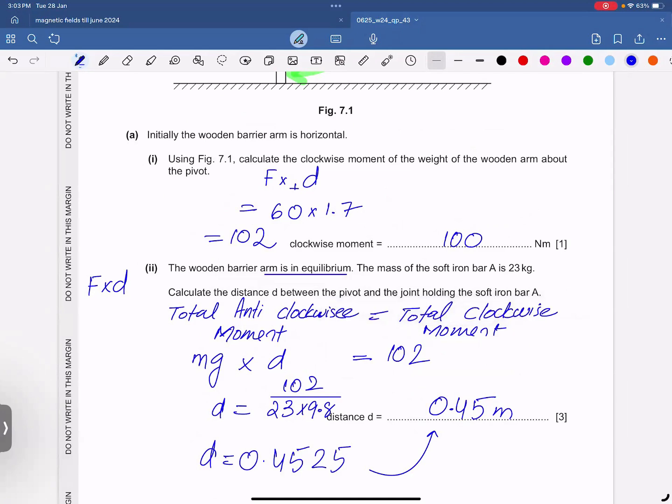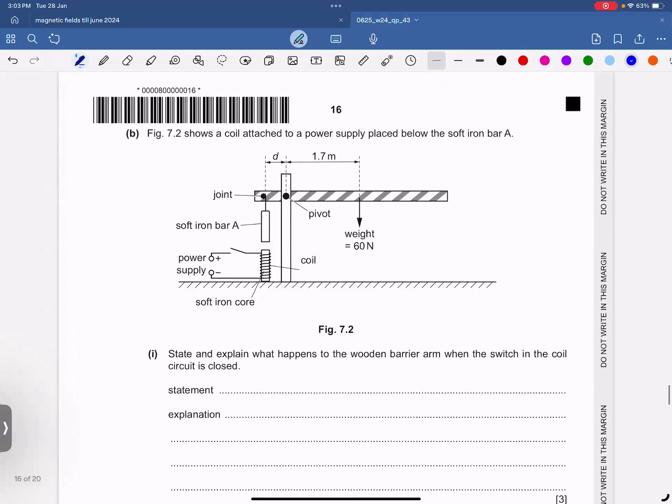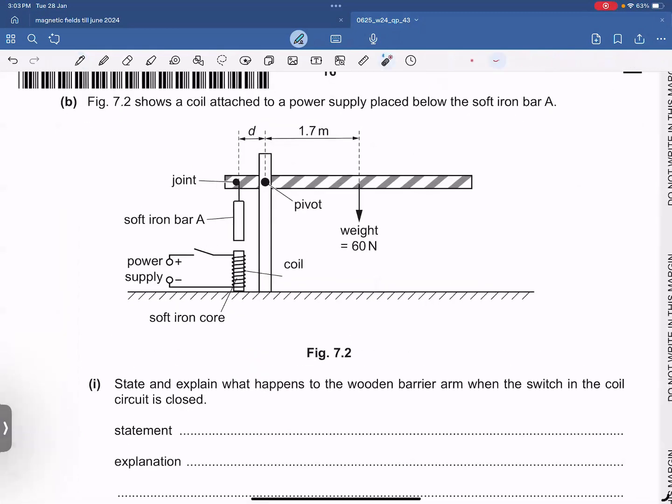Let's proceed to the next question. Certainly, we'll proceed to its part B. Now B says, the figure shows a coil which is attached to a power supply placed below the soft iron. Can you see that? This is soft iron, which is a conductor.